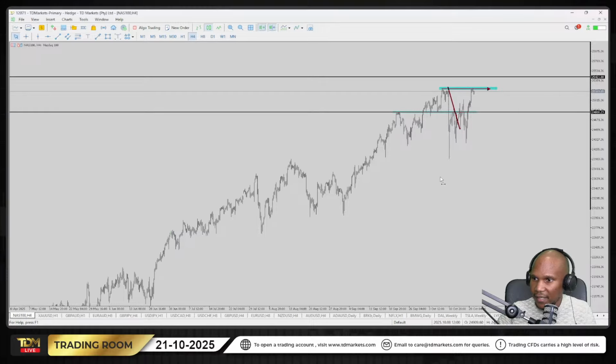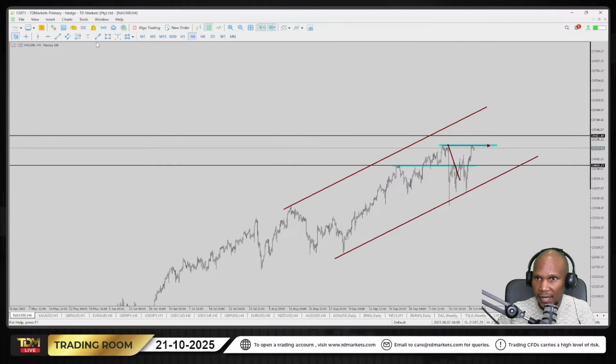So nothing has changed, guys, right? Everything's still the same. We remain bullish on these assets, and NASDAQ, the stocks are just performing well at the moment. NASDAQ and index, it's pushing up, right? So NASDAQ remains bullish.